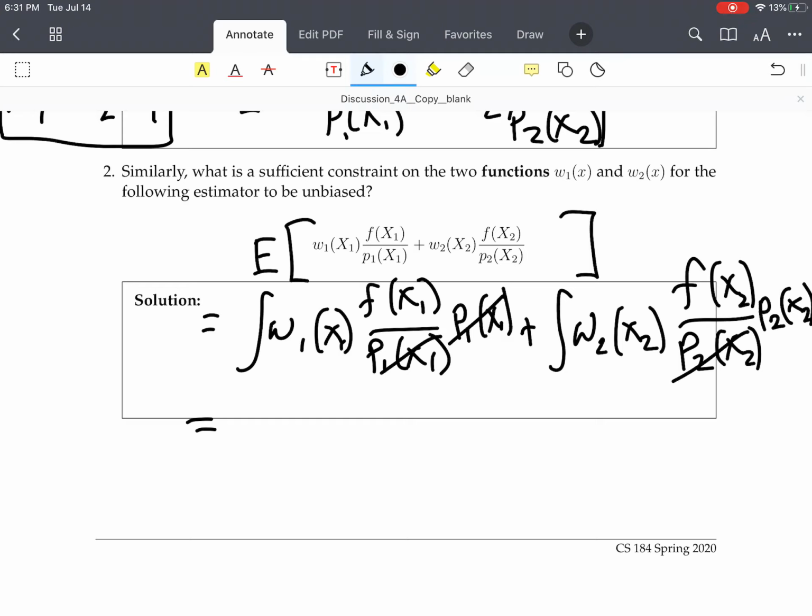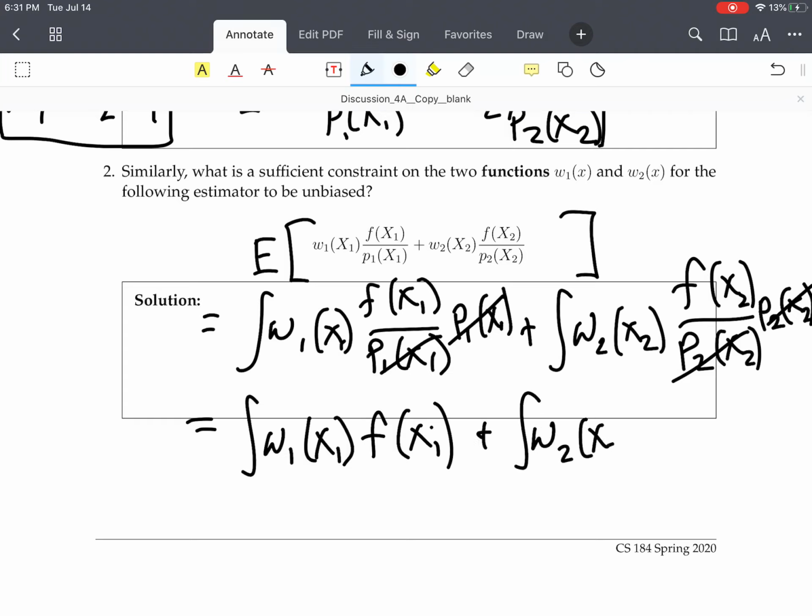Right, then these cancel out, and we get the integral of w1 of x1 times f of x1 plus w2 of x2 times f of x2. And there should be dx's. I'm sorry, I'm kind of omitting those.